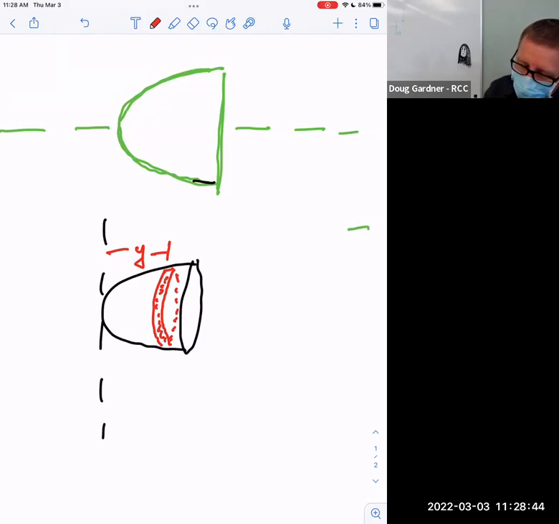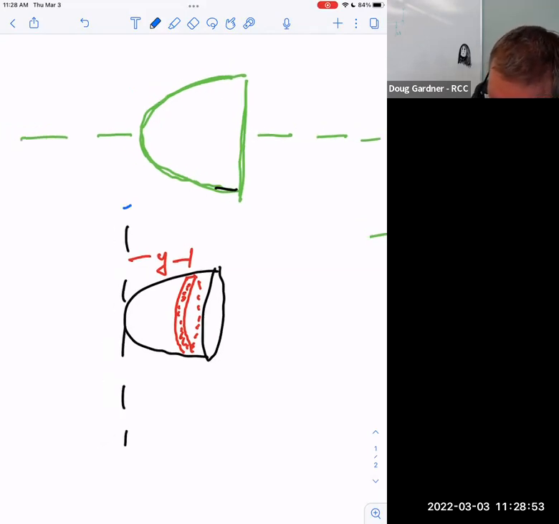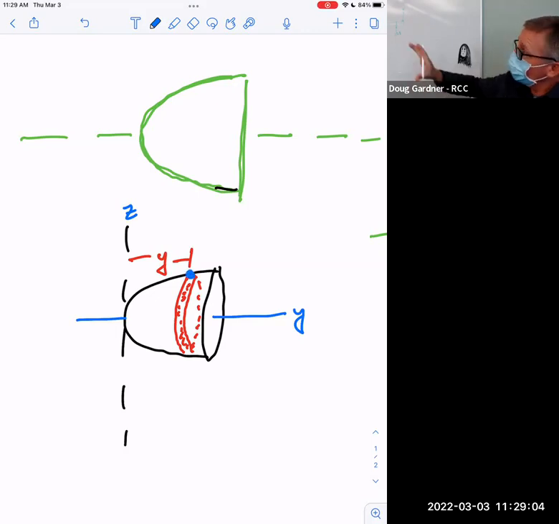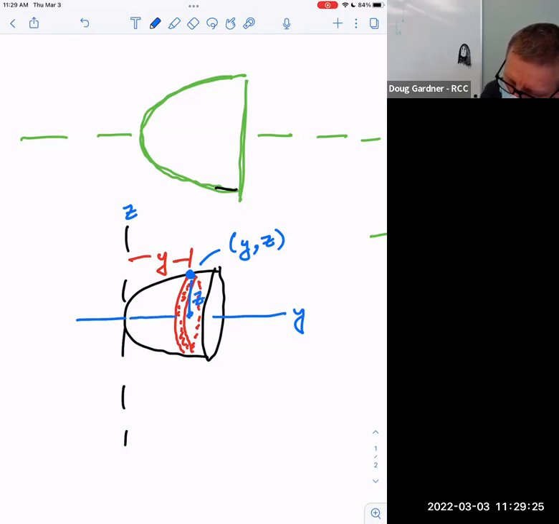Now to get to the location, and this is one of the keys you need to be good at with calculus, and I find hard to do: if this is the Z axis right here, and this is the Y axis coming out of here, does it make sense that to get to some point on this graph, remember we're going to let that point go everywhere because we need those slices to go all the way through the shape, that if that's a Y distance right there, then the coordinates of this point right here would be, well, I first go over Y and then I go up and down Z. So this length right here is the Z, and this length right here is the Y.